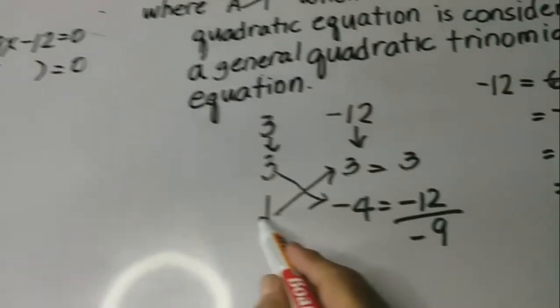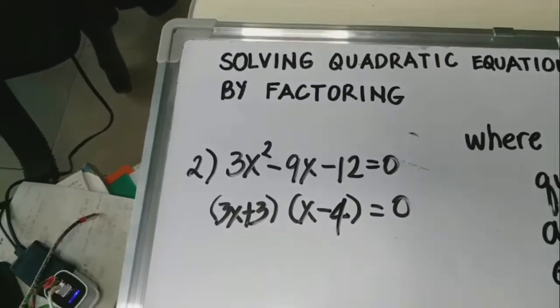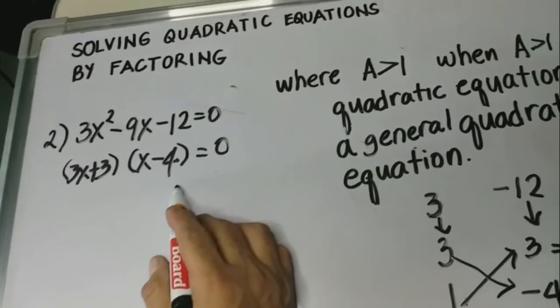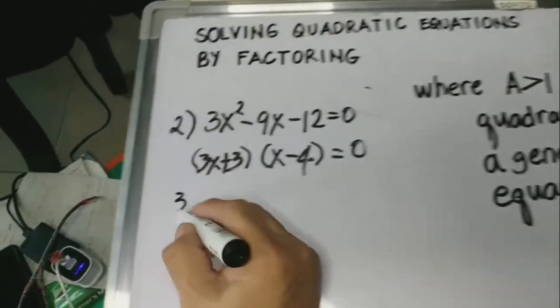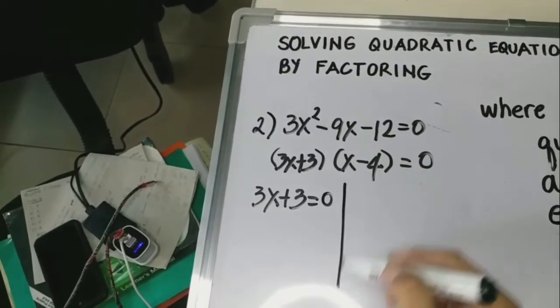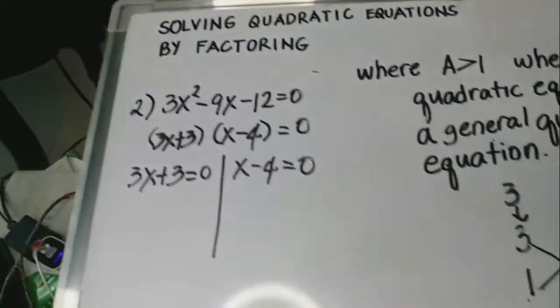Then x, the partner is negative 4: x minus 4. So these are now the factors. Then using the zero product property, or the zero factor property, 3x plus 3 equals 0, then x minus 4 equals 0.